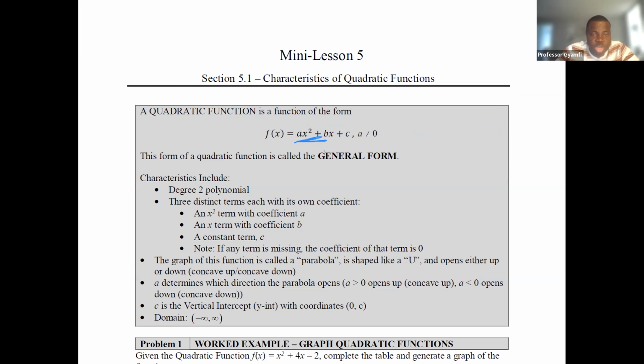So let's look at the first term, the second, and then the third. We have an x squared term with a coefficient of a. We have an x term with a coefficient b. And then we have a constant, which is c.